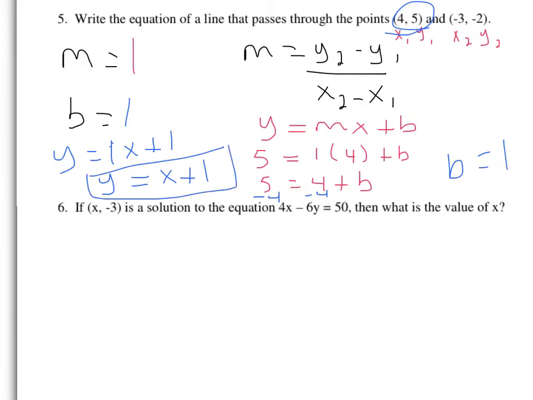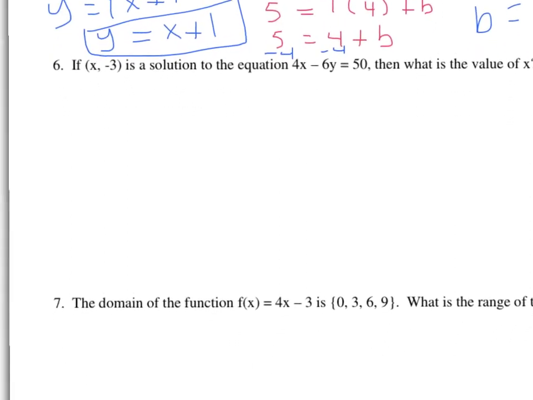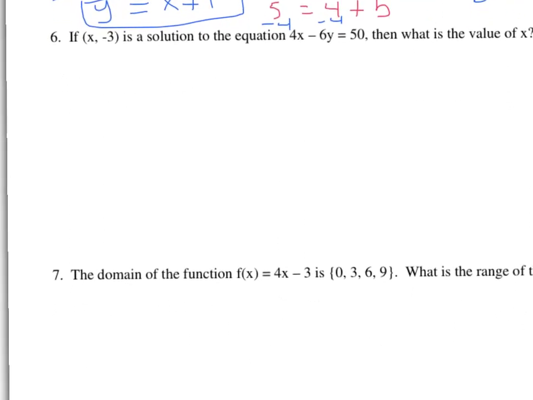And number 6, if (x, negative 3) is a solution to the equation 4x minus 6y equals 50, then what is the value of x? Okay, so they're giving us the value of y in this problem, right? If this is an ordered pair, so this is x and y, and they're telling us y is negative 3.